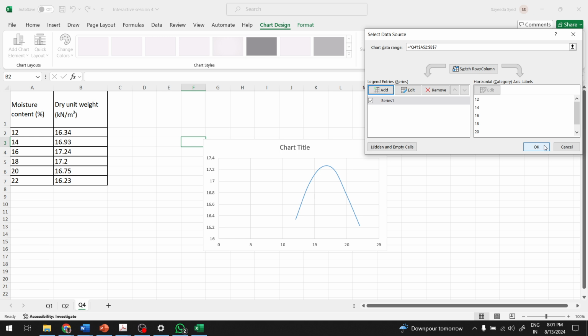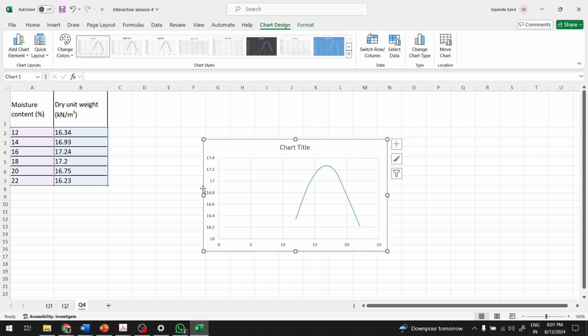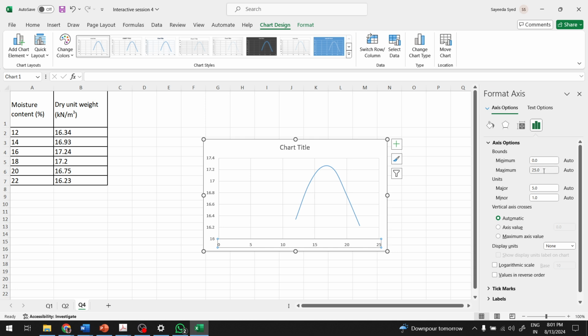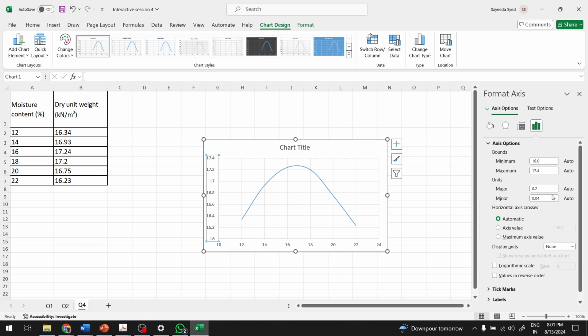Okay. First of all, let me set the axis range, 16 to 17.5.